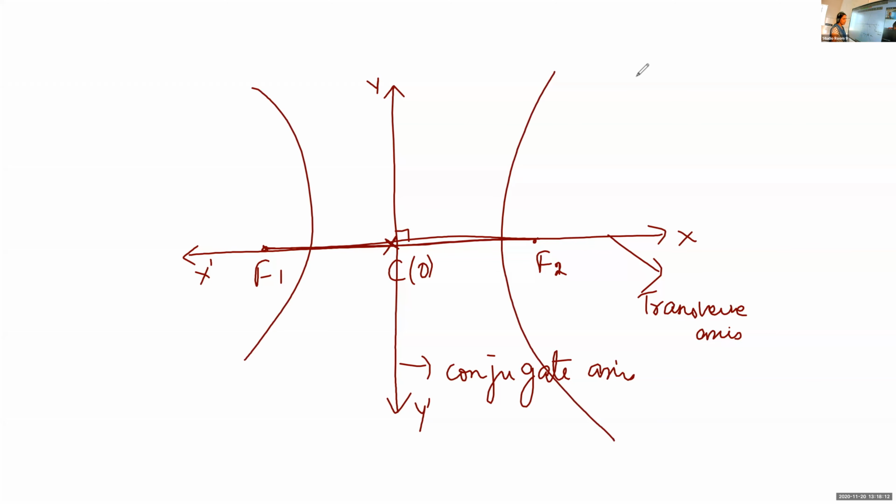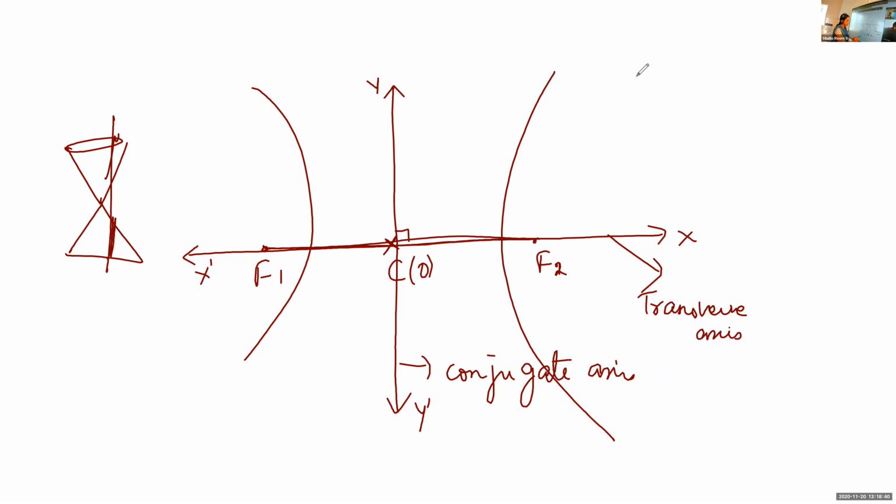If you look at the generation of the cone, when you cut it, it cuts on both sides, so you get two curves. The graph contains two parts. Is it clear, children?